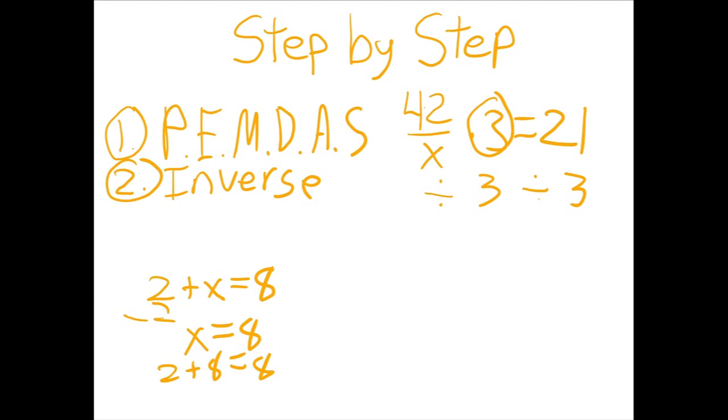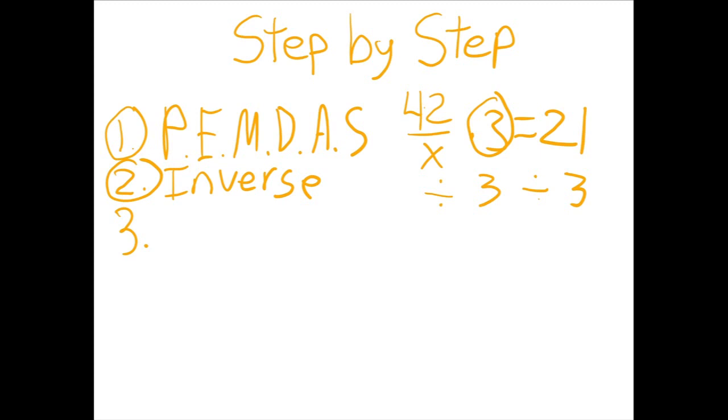Otherwise, you're going to end up with the wrong answer. If you don't do it, you're just going to mess yourself up. As long as you do the same thing to both sides, you should be good. And that's going to be our third step to remember. So we identify, you do the inverse, and you do it to both sides. And that is the absolute most important part of this tutorial.